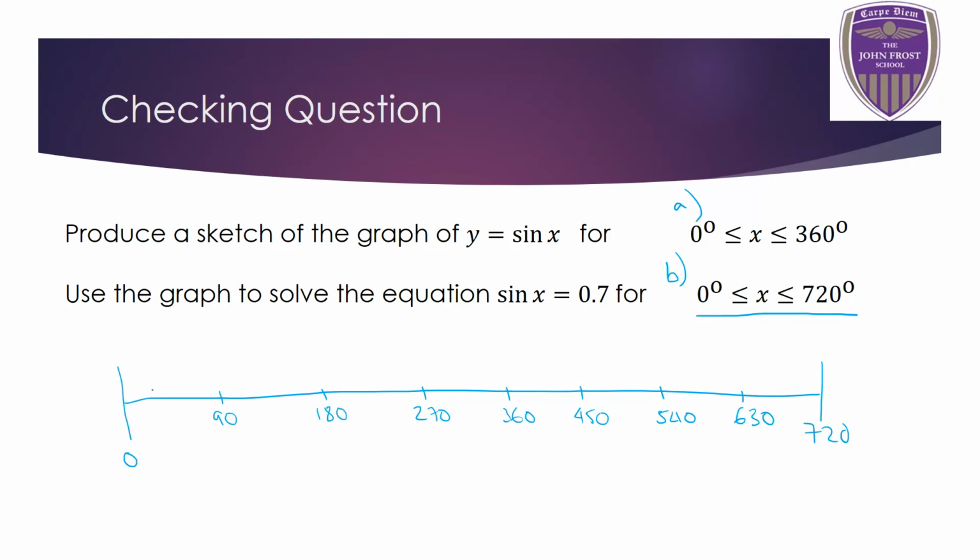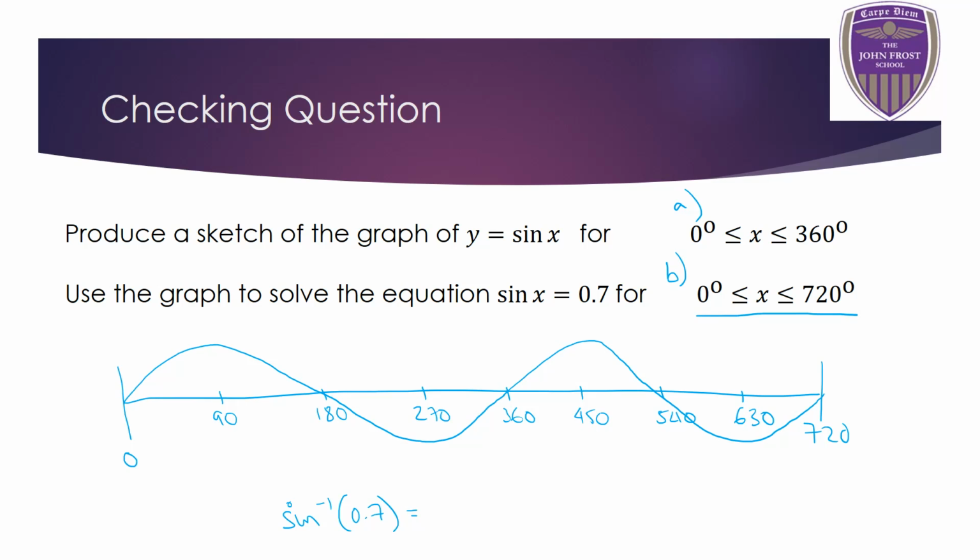So the pattern will repeat itself. So it's going to go up, back down to minus 1, up to 360. That's what we've been drawing already. And then the whole thing will repeat. So it's going to go back up here, back down here to there. So for sine x equals 0.7, we're going to do sine to the minus 1 of 0.7 for our first solution.